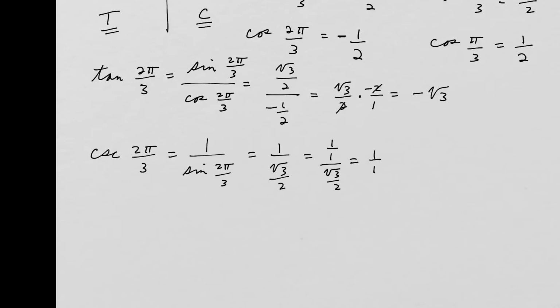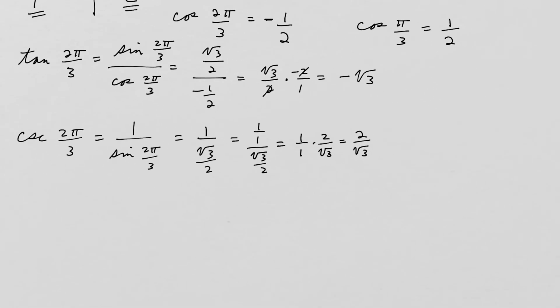So this is 1 over 1 times the reciprocal, so this would be 2 over radical 3. But then often you're going to want to rationalize the denominator, so that means getting that radical out of the denominator. To do that, I can multiply by radical 3 over radical 3, and that's going to give me 2 radical 3 over 3. Right? And it's positive in this case.